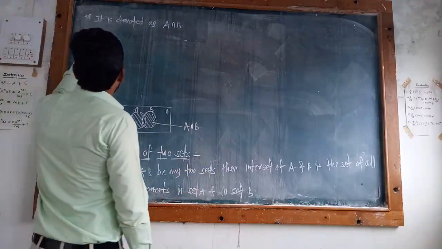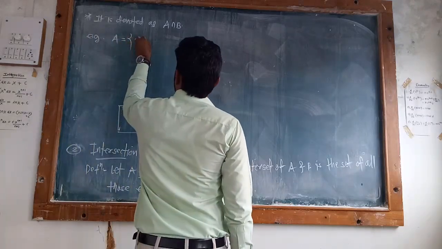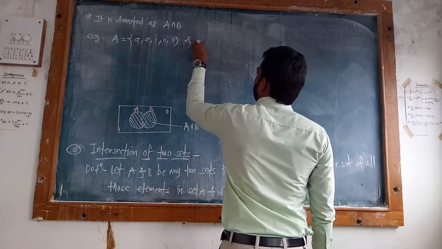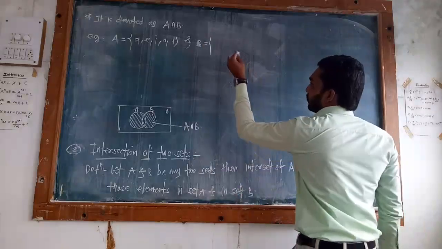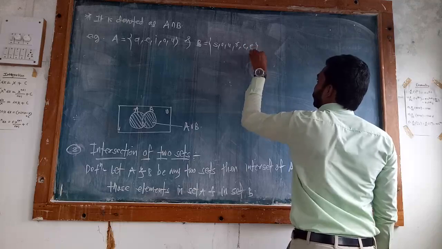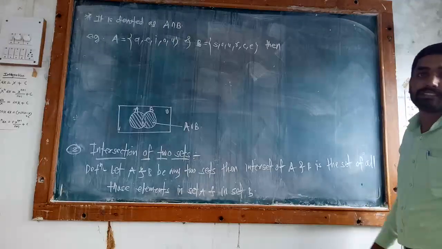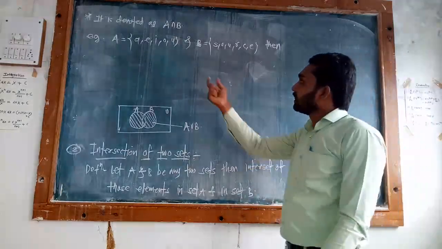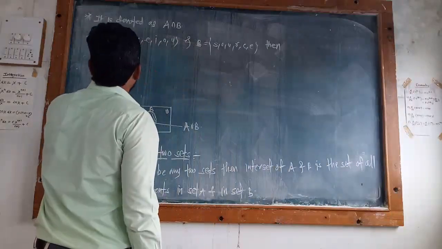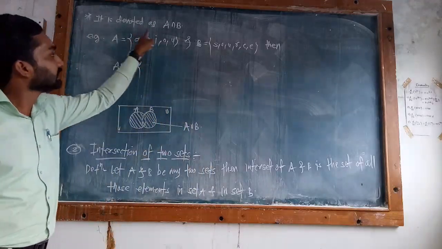Okay. So in that example, what is your A set? Your A set is a, e, i, o, u. What is your B set? Your B set is s, o, u, r, c, e. Okay. Then intersection means take all common elements inside A and B. Then A intersection B is: is a common?